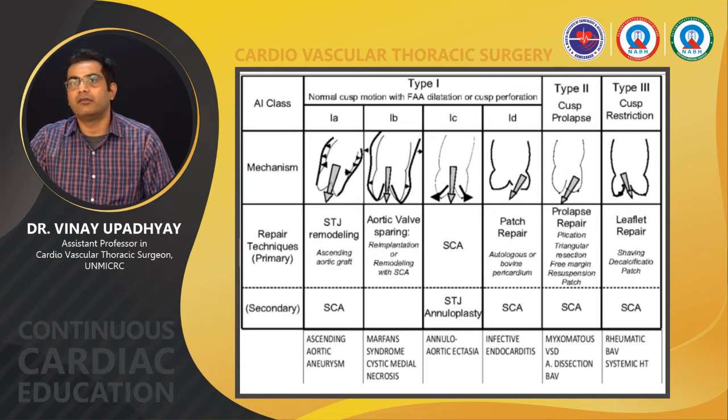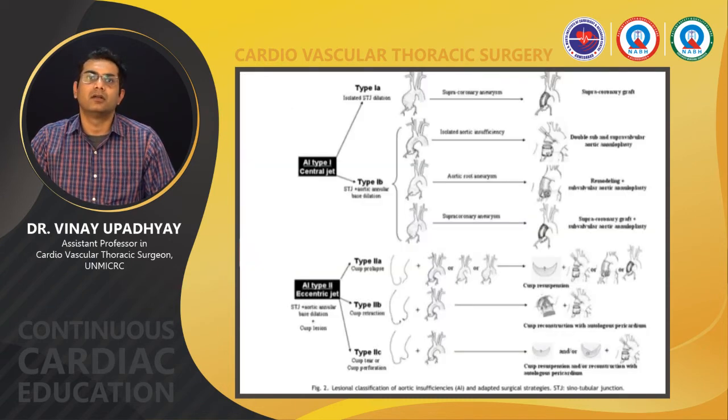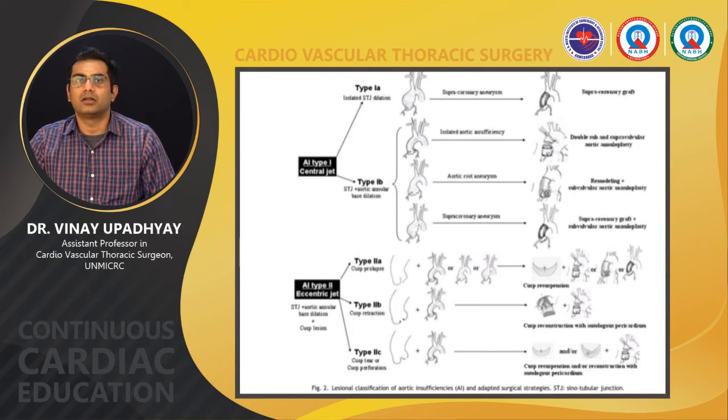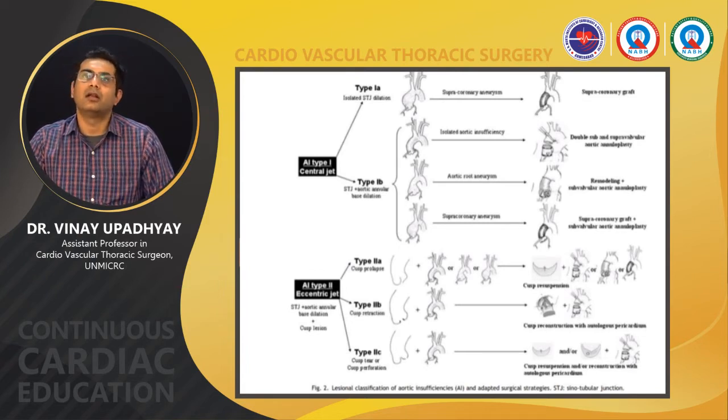These lesions have thickened leaflets, so the repair techniques are shaving, decalcification, and patch repair. These are the types of aortic insufficiencies: 1A, 1B, 2A, 2B, and 2C. These are the associated lesions and repair techniques.